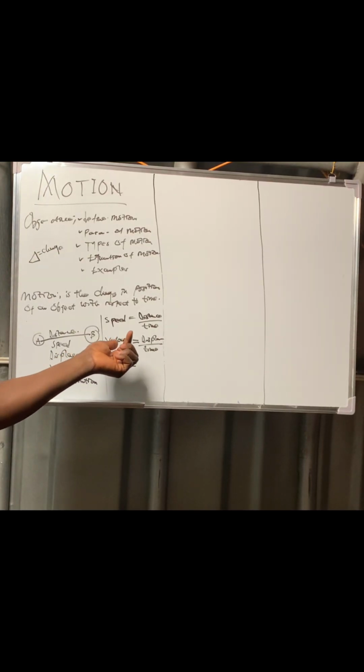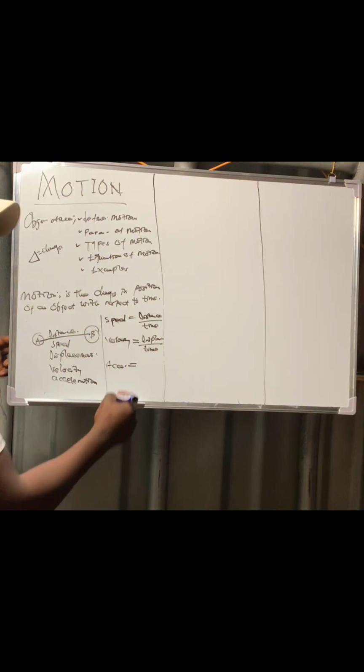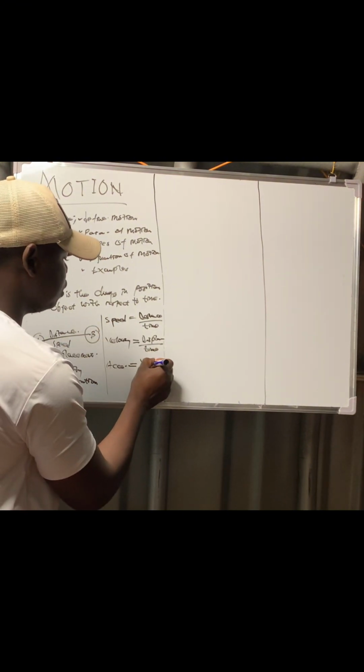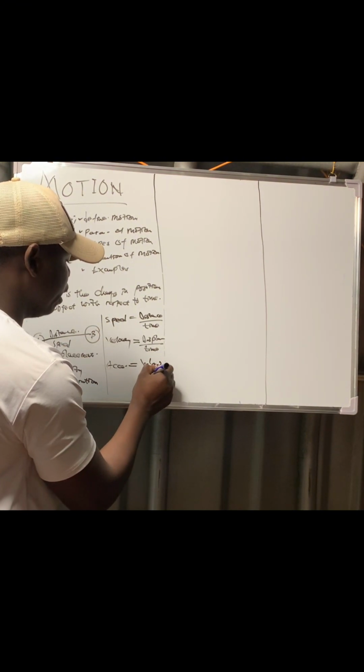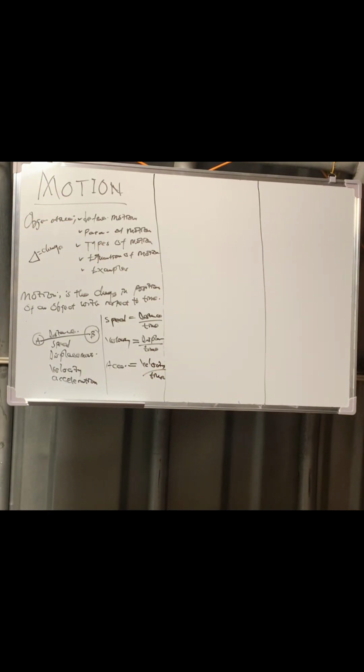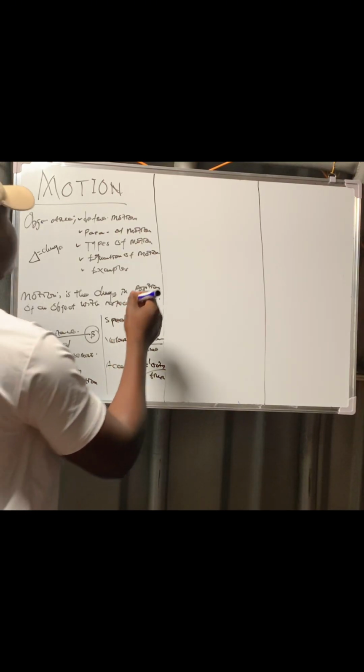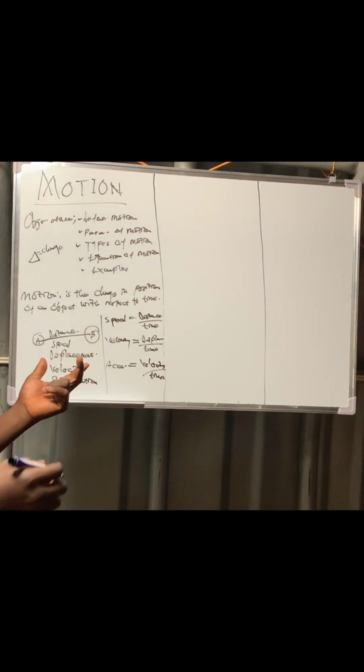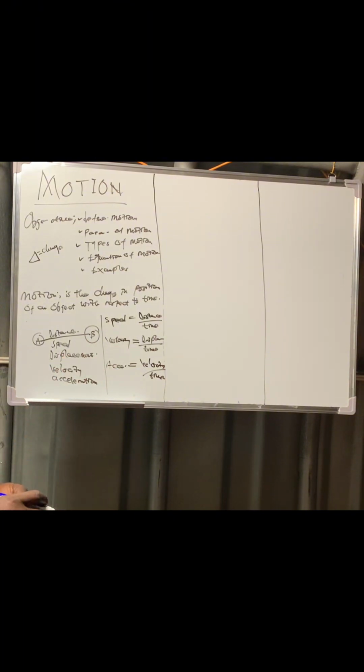Acceleration is the rate of change of velocity per time. Hope you understand these parameters. If you don't understand any, please come to the comment section and comment on it. I'll explain further. I think I broke this down in a simple and basic way you can easily understand.